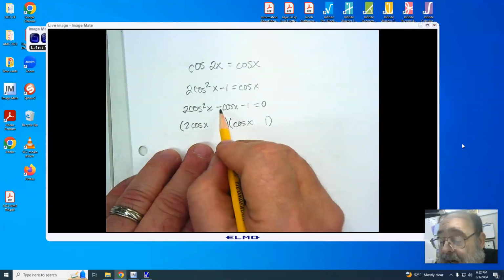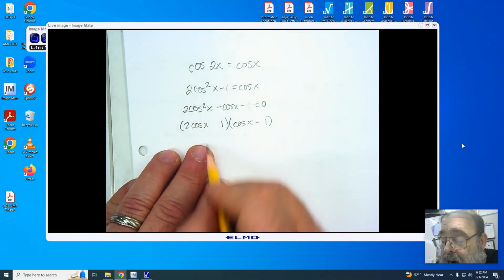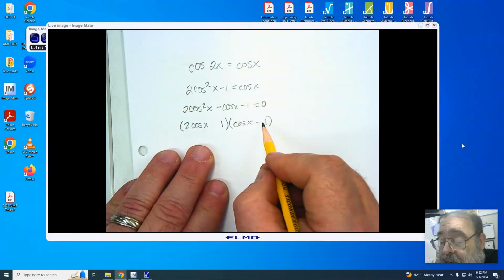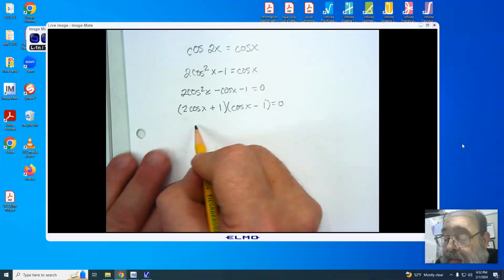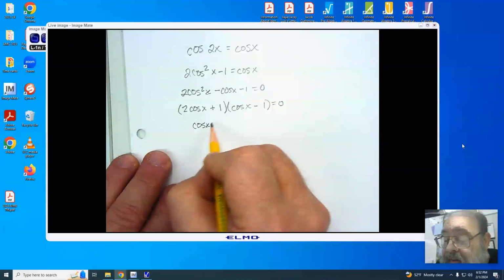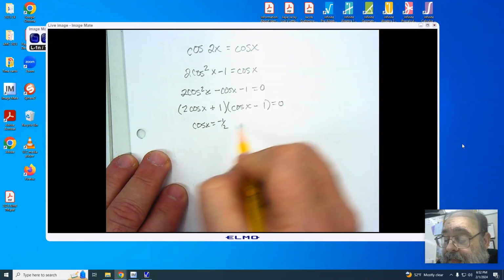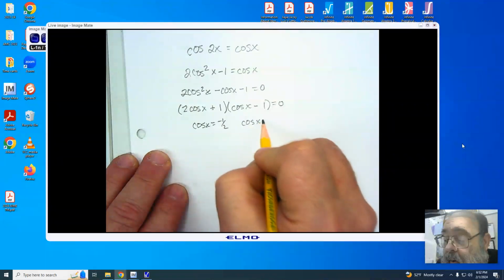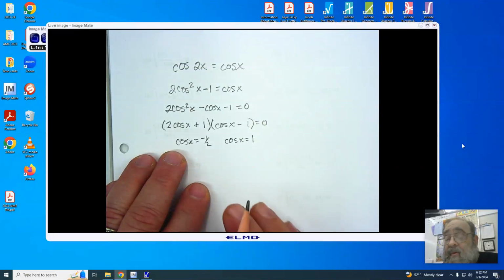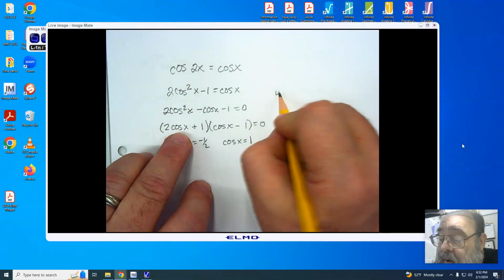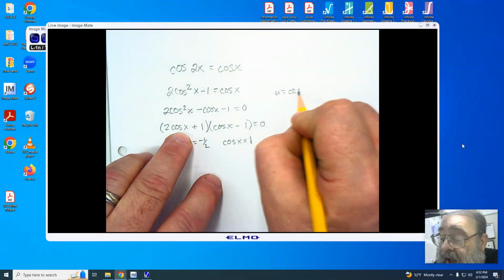In order for me to get a negative, I'm going to have a minus there for the minus 2 cosine and a plus to have a positive 1 cosine. That means that the cosine of x is going to equal negative 1/2, and the cosine of x is going to equal positive 1. Now remember, if you have problems factoring, I recommend you use the dummy variable cosine of x.